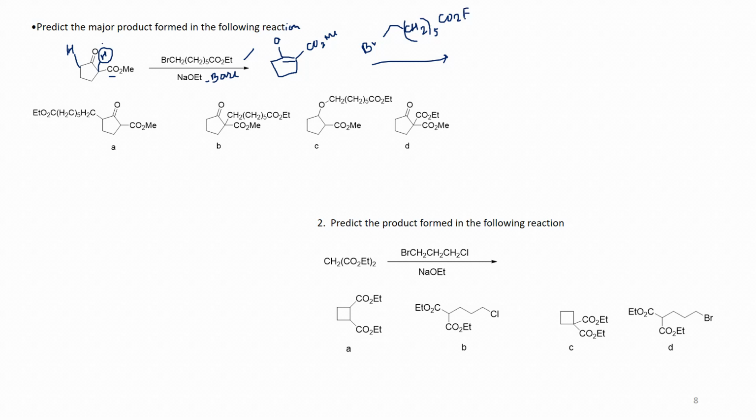Because of that, our enolate will react in the similar way like I showed previously, attack this center, and bromine will be eliminated. So which will be our product? Option... Yes, Raju, you can ask. So our answer will be option B. I hope it's clear.